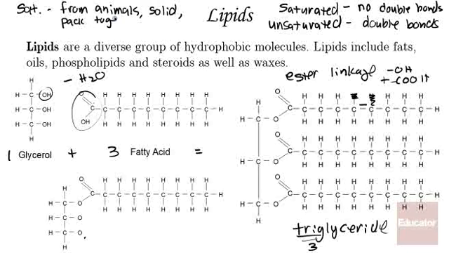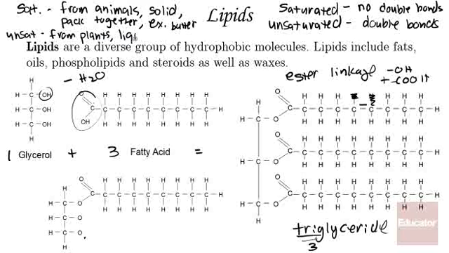And that has to do with the fact that there's just single bonds. An example would be butter. Unsaturated fats usually come from plants. They are liquid at room temperature, and they don't pack together as tightly.